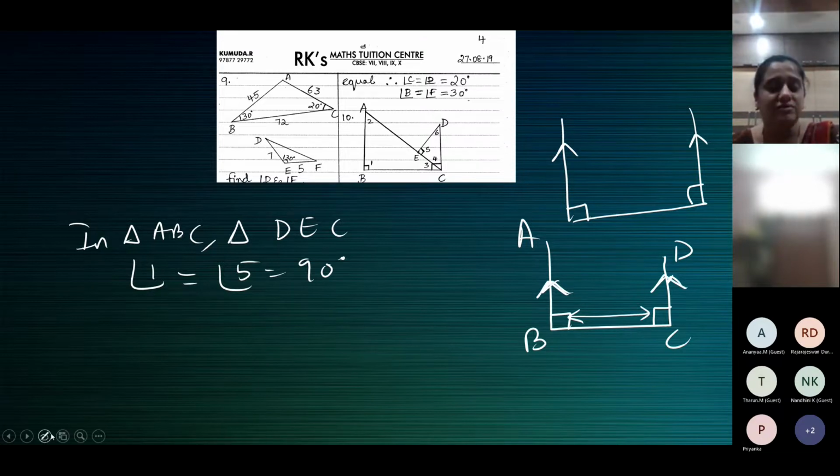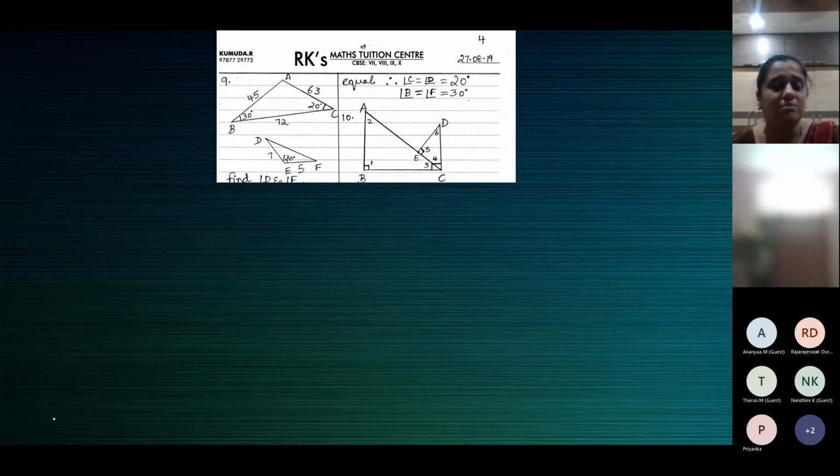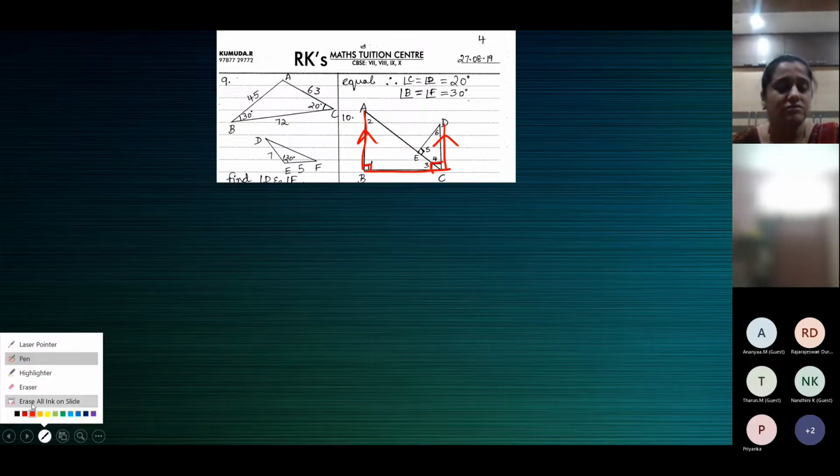Or what you can say is two lines perpendicular to the same line are parallel to one another. AB and CD are the two lines perpendicular to the same line BC. So AB and CD are parallel to one another. I'll write it here for you.